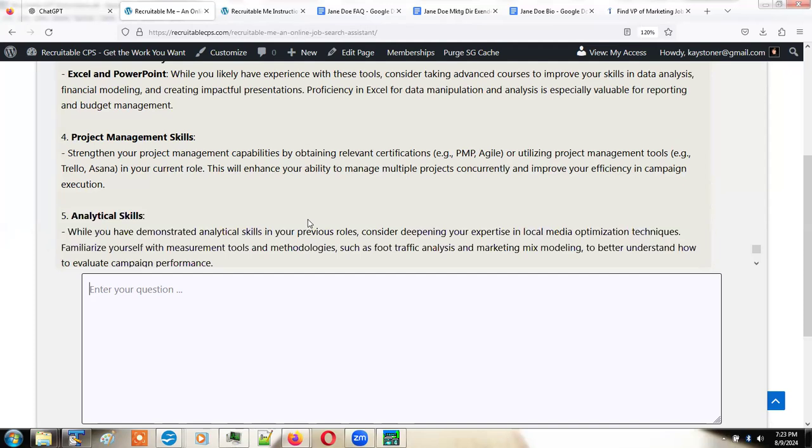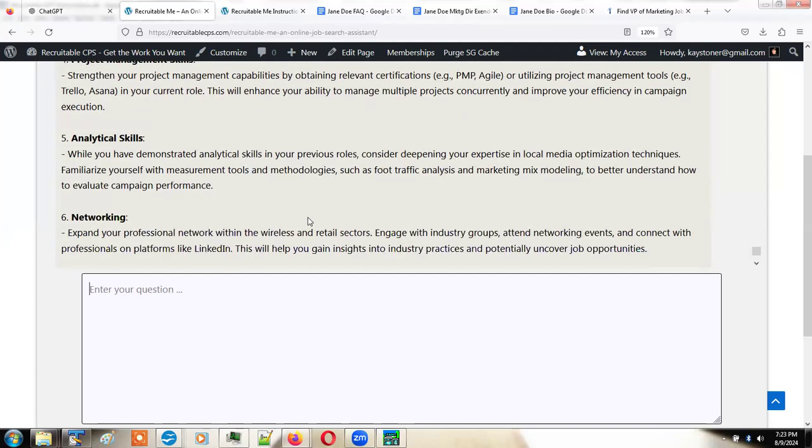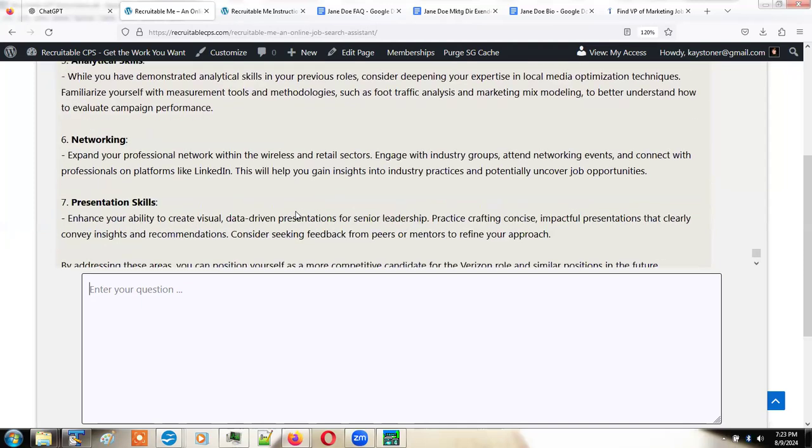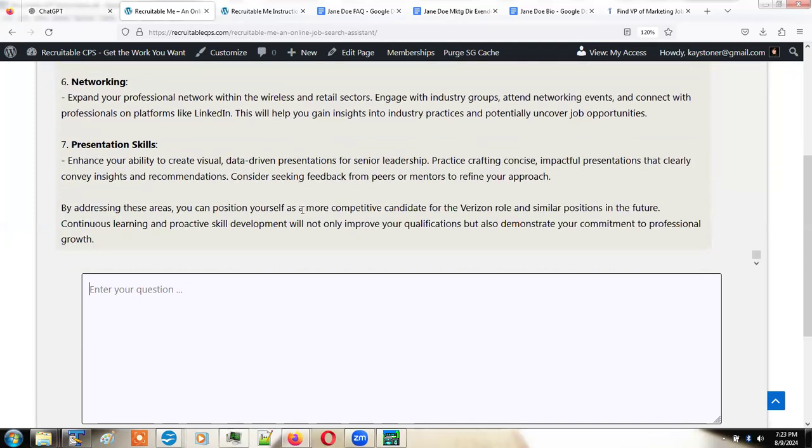So some of these things may not be explicitly called out in the resume, but they might already be skills. So what Jane Doe would do is she would go back in. If there are any of these gaps, they're not showing up on the resume, but they really should. She can go back and modify her resume based on that.